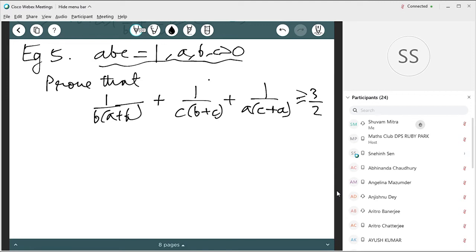I think it's not in the worksheet, but still, if it's there, it's good. Let's solve a worksheet problem for once. So, any ideas how we should proceed? The preferred method, as always, is just Cauchy-Schwarz. But give me your ideas. I want to hear. What do you want to say?